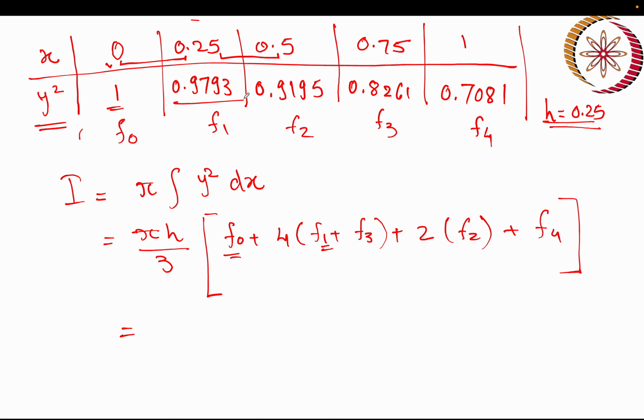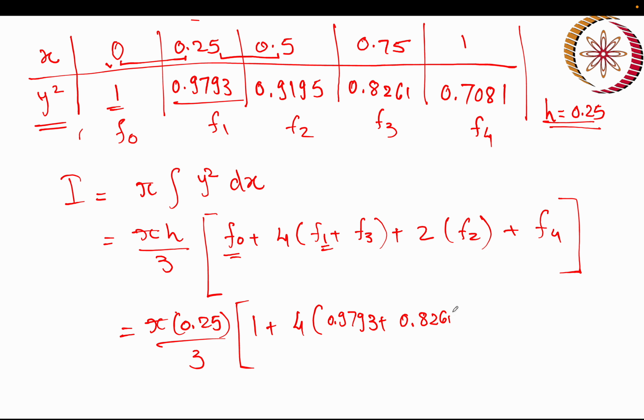Now we can substitute the values: pi into 0.25 by 3, f0 is 1, plus 4 times f1 plus f3, so 0.9793, and f3 is 0.8261, plus 2 into f2, which is 0.9195, and f4, which is 0.708.